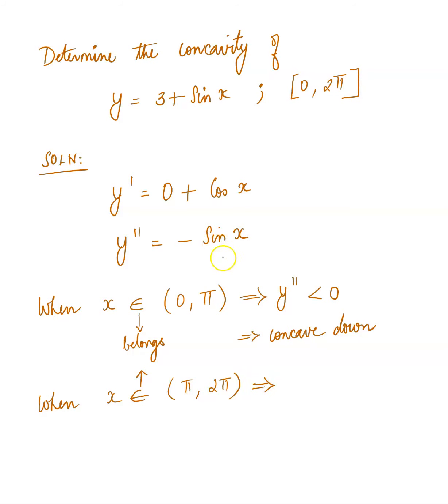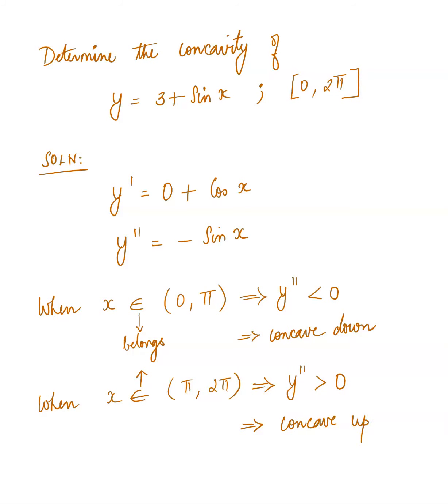So sine of a value between 0 to pi actually is positive, but with the negative in front of it, it becomes negative. And sine of any value between pi and 2 pi is actually a negative value. That combined with this negative makes it positive. So watch out for that. So it's concave up over that interval.